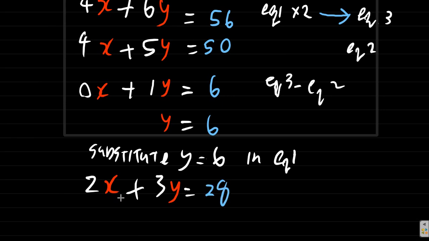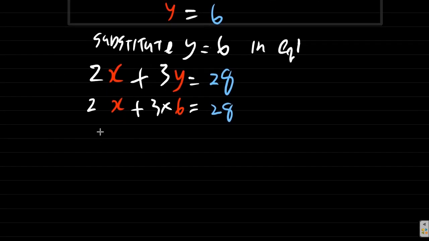Now, x you don't know, but you know y. So let's rewrite it. You say 2x plus 3 times 6. You know that y is 6, so it's 3 times 6 equals 28. Alright?